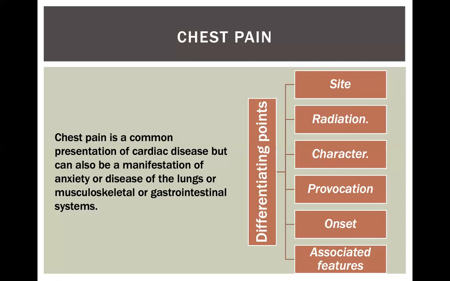The associated features are very important points, differentiating between different kinds of pain. For example, if I have chest pain that is central, radiated to the neck, and there is also associated nausea, vomiting, excessive sweating, feeling of impending death, this is more going with acute myocardial infarction.